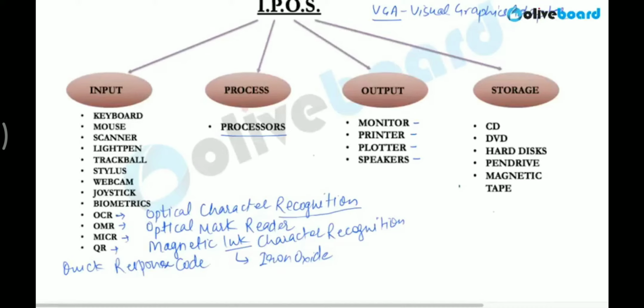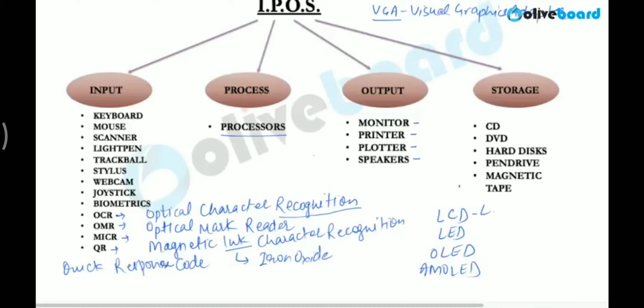A few other abbreviations related to monitors are LCD, LED, OLED, and AMOLED. These are a few other terms that generally come up in our exams. So what is the full form of LCD? LCD stands for liquid crystal display.